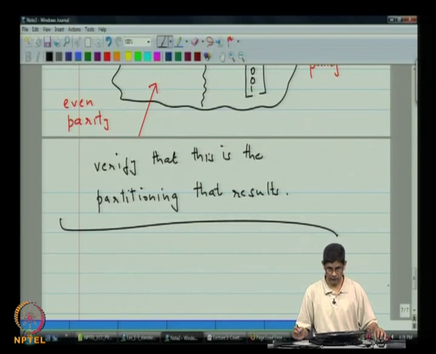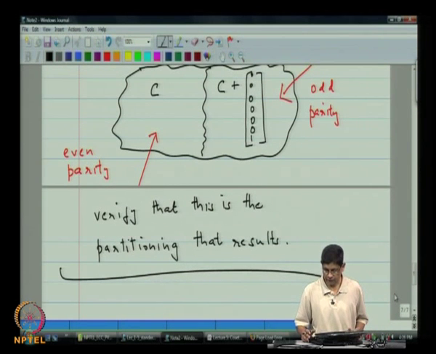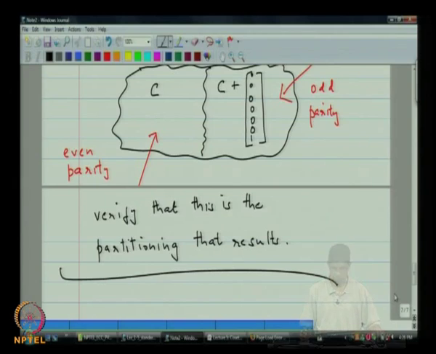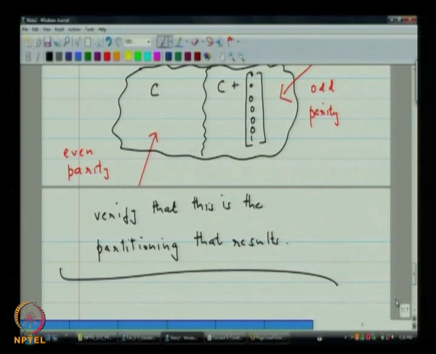Right, so with that we are done with the examples.